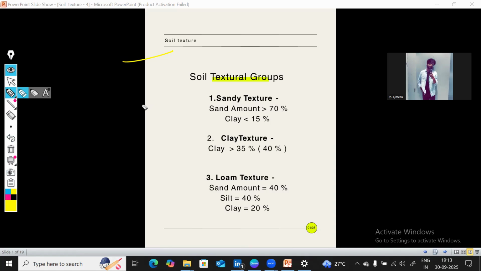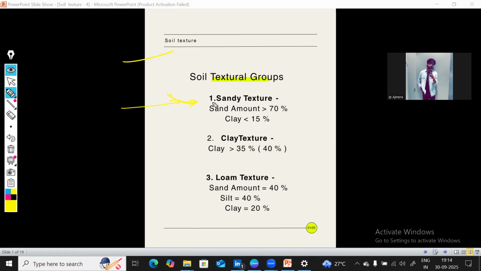We said this soil texture is sandy, this soil texture is clay, this one is porosity. So there should be limitations, like the percentage we hold for that particular soil to fall under this texture. That is the soil texture. How much amount of each of the soil particles should there be?